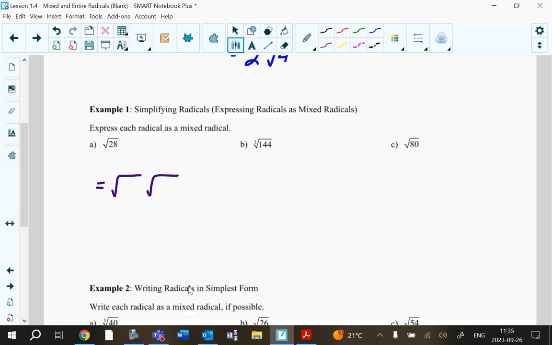I don't hear anybody speaking with confidence. 4. Which means the other number must be 7. Now, one step further. What do I get? 2 root 7. That's it.